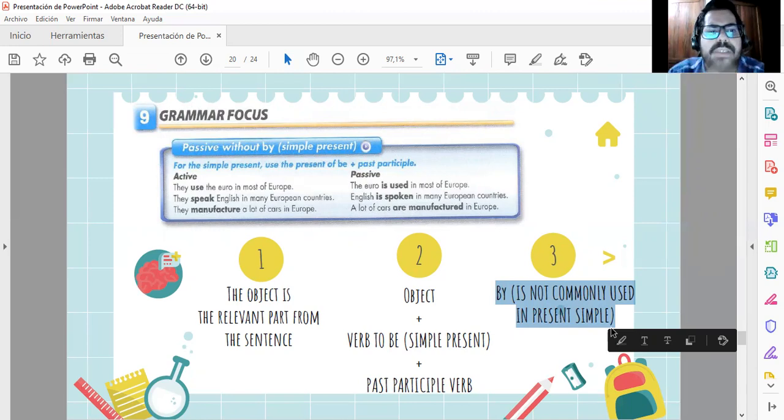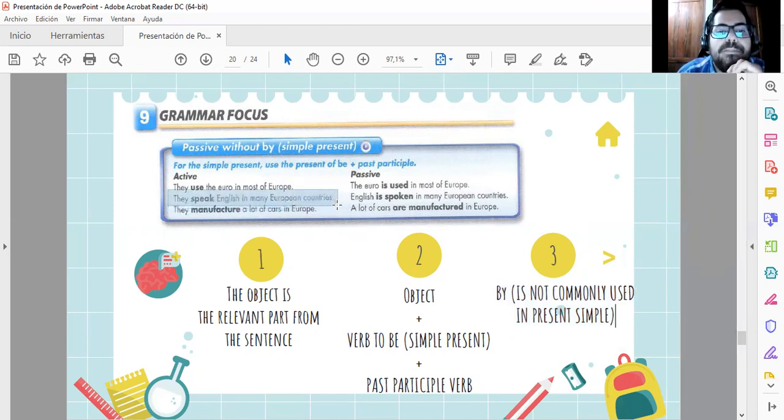Okay, teacher, give me an example. Well, guys, take a look. They speak English in many European countries. This sentence is active, right, guys? "They," we have a doer. But remember, in the passive voice, we don't care about the doers. We care about the object, the receiver. So we have here English. English is spoken in many European countries.